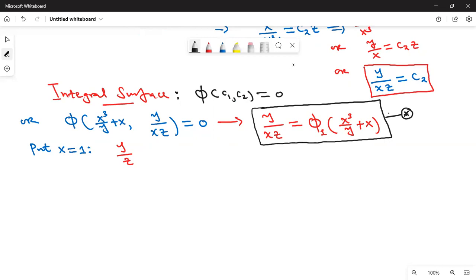The first one is that X is equal to 1. So when you put X is equal to 1, we are going to get Y over Z is equal to phi1 of 1 cubed, which is 1, over Y plus 1.